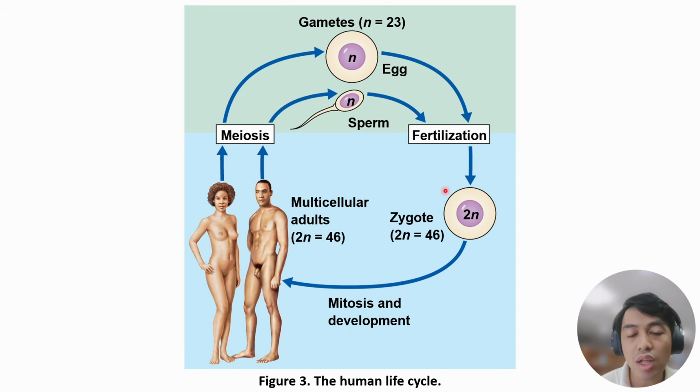So that zygote now has 46 chromosomes: 23 from the mother, 23 from the father. And the zygote is the first cell of your body that will undergo multiple mitosis such that it produces the rest of the cells of the body.